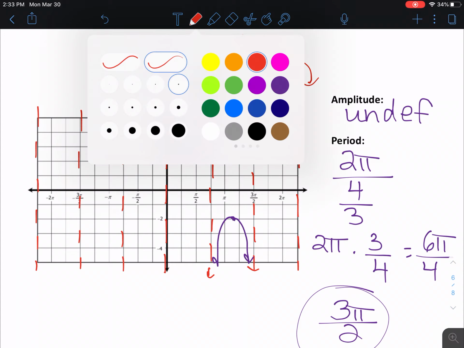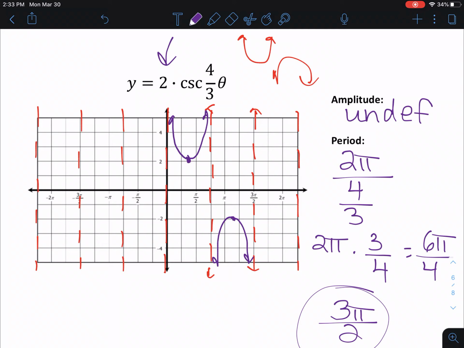Okay, and then do the best we can with this here. All right, so there's 2 cosecant 4/3 theta.